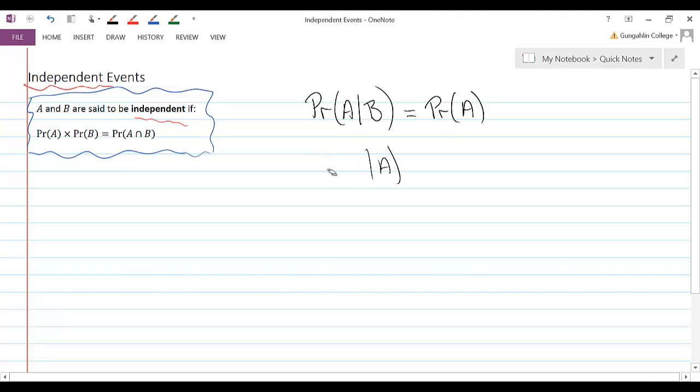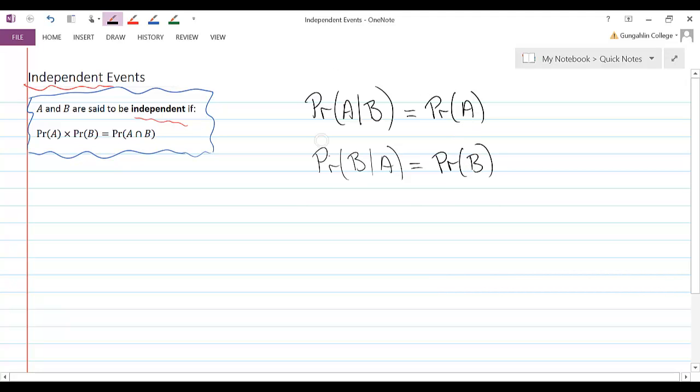And similarly, the probability of B given A must just be the same as the probability of B. So the given bit doesn't make a difference to the probability. If B has happened, A still has the same probability. If A has happened or not happened, B still has the same probability. This is what we mean by independent.